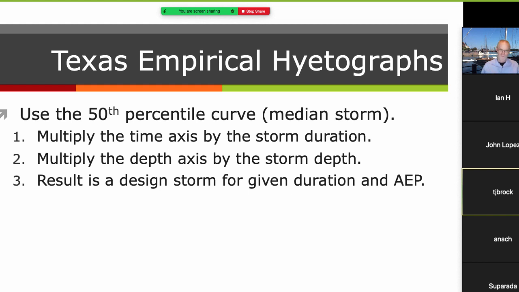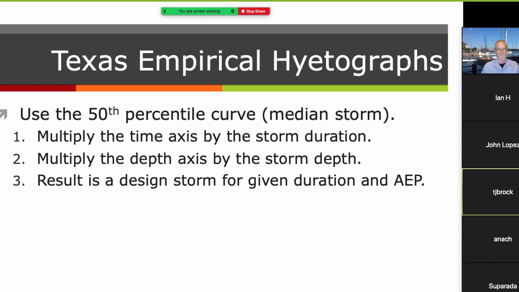Now, why the 50th percentile curve? Well, in the report, that was the suggested curve to use for most hydrologic applications. The 90th percentile is mentioned as applicable for cases where you have severe consequences of failure. Maybe a dam would break and that would cause you to get sued and lose your trailer, or a hospital, airport, stuff like that.